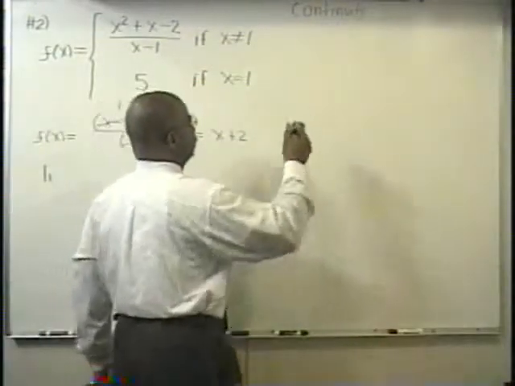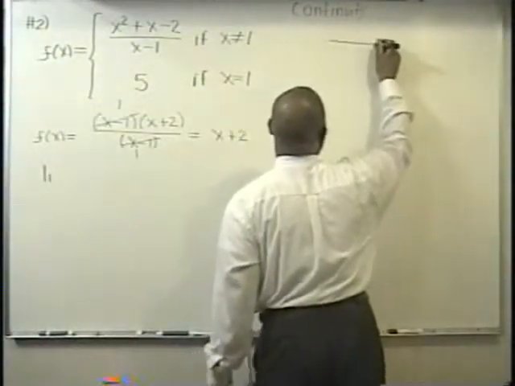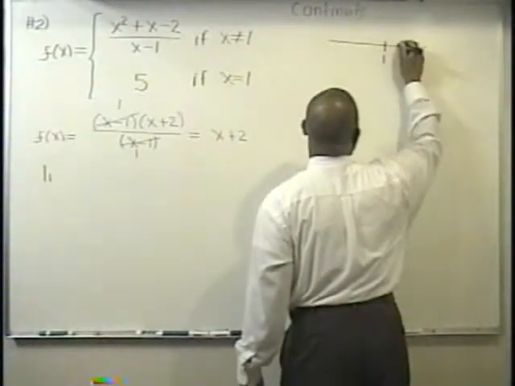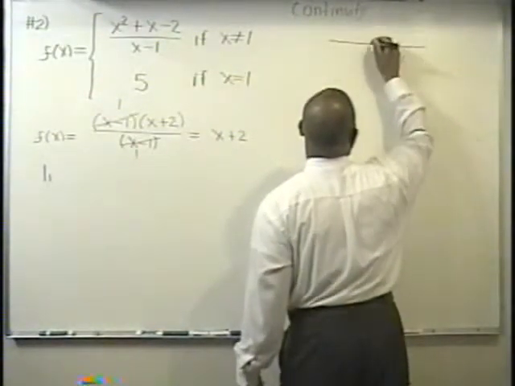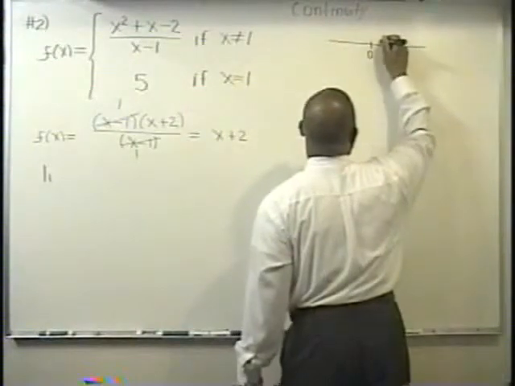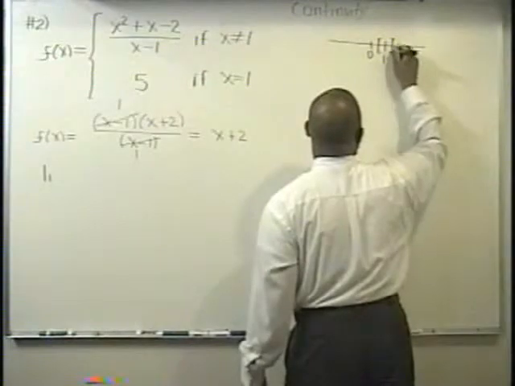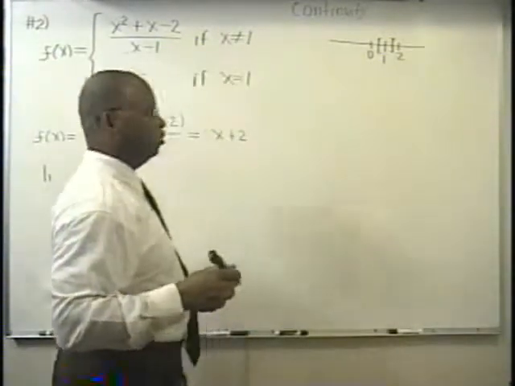So now again, I'm going to draw a number line up here. And here goes the value of 1, and here goes 2, and here goes 0. And now I'm going to draw what's called a deleted neighborhood. I'm going to get real close to this as I approach it.